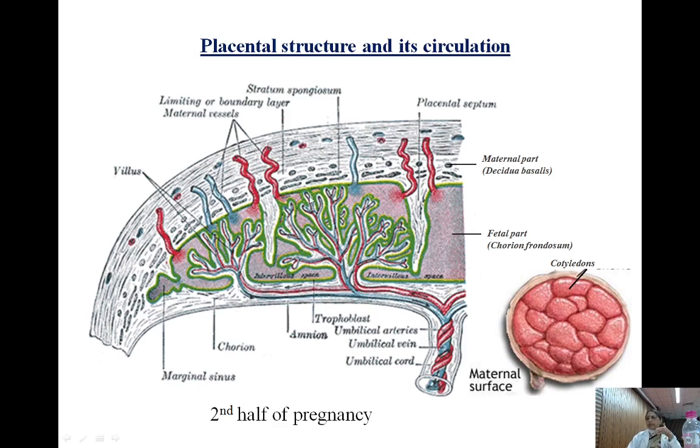Here you can see the cotyledons. These are the grooves formed by the decidual septa, and the chorion is covered by a thin layer of decidua basalis. So that is the placental structure and circulation.